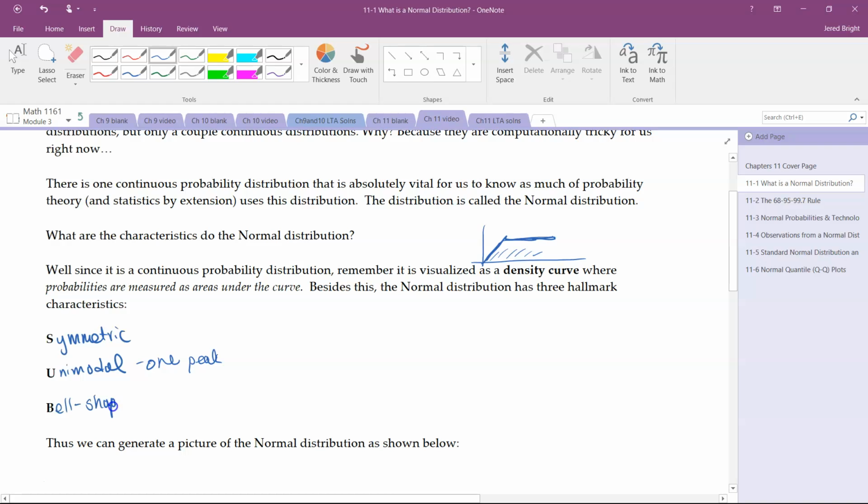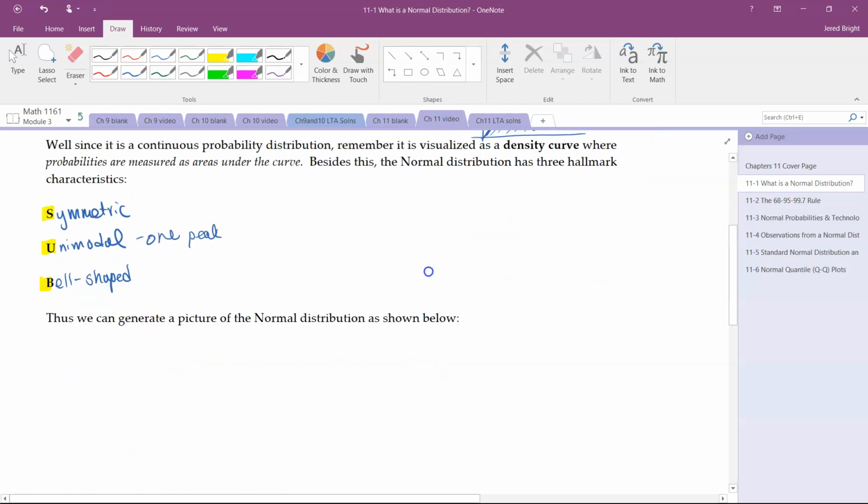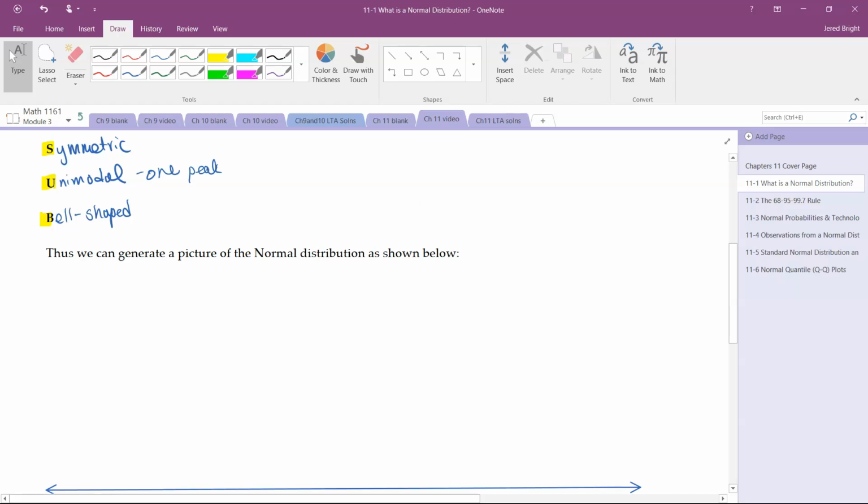So I just say it's bell-shaped. To help me remember the three characteristics of a normal distribution or a normal density curve, I remember SUB, sub.